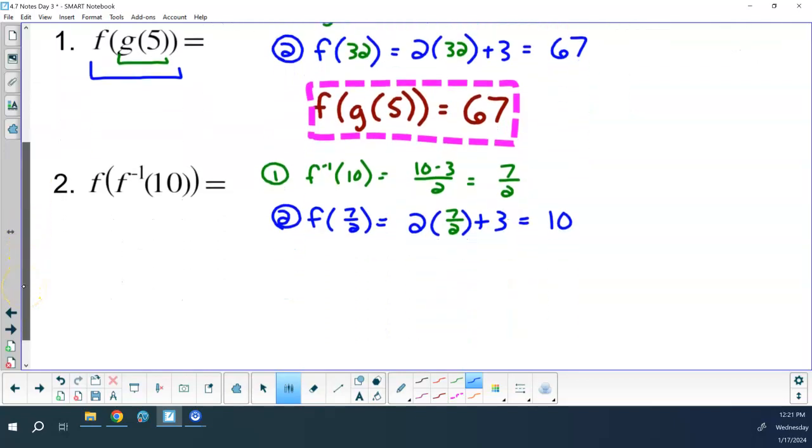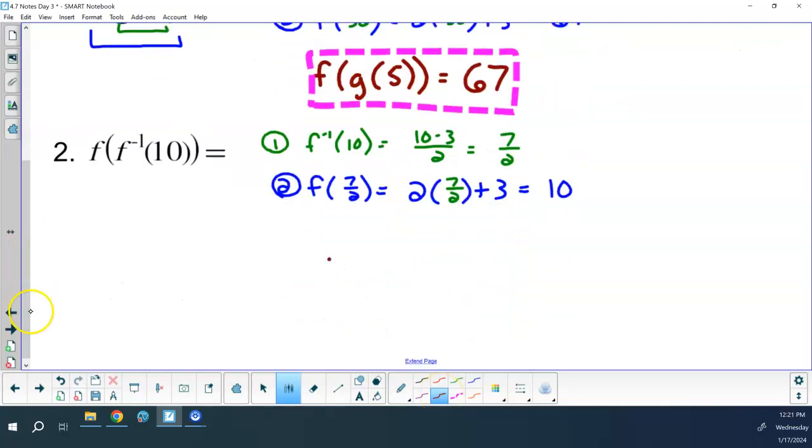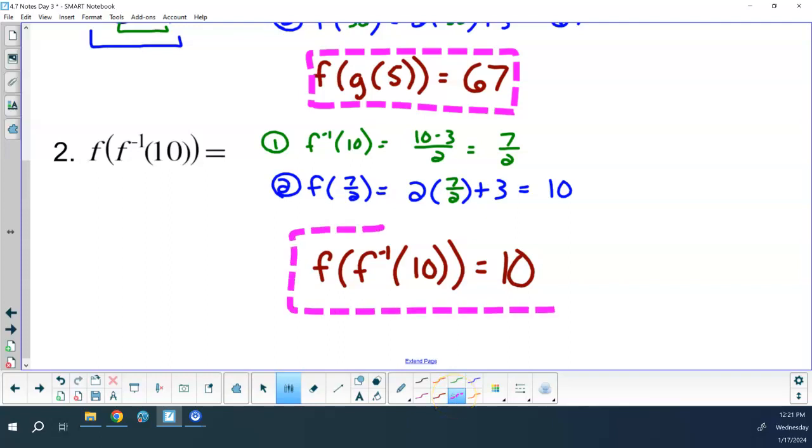Now I do. f of the inverse of f of 10 is 10. Would you concur? Does that make sense? If they truly are inverses, then they should cancel each other out. Yeah? Love it.